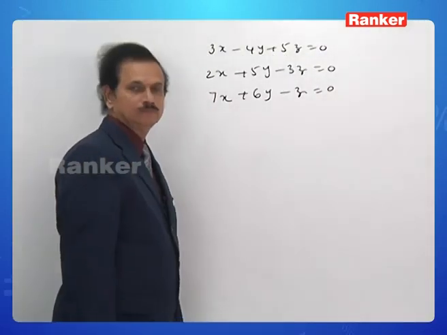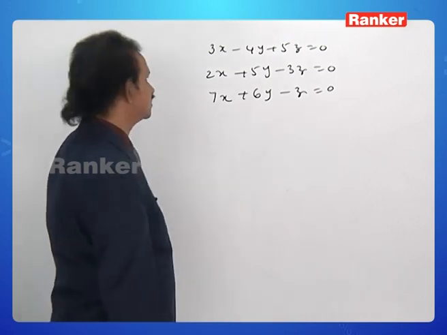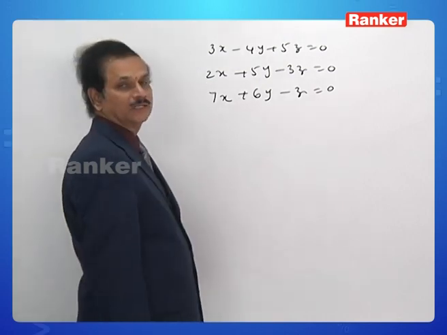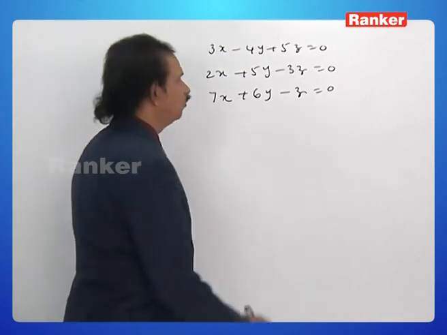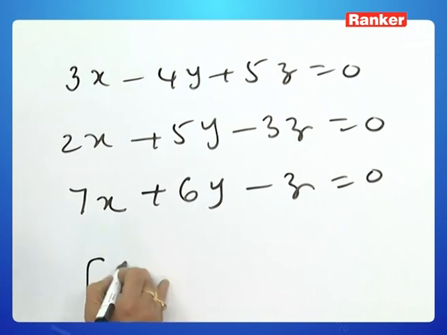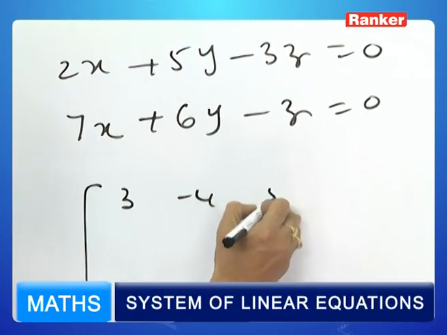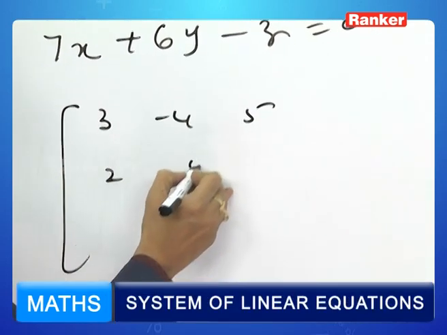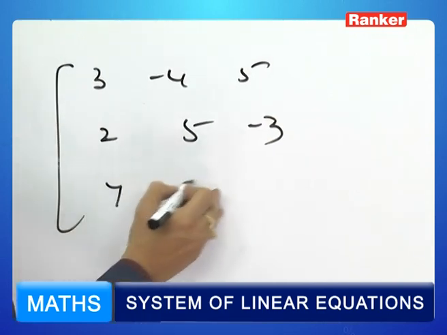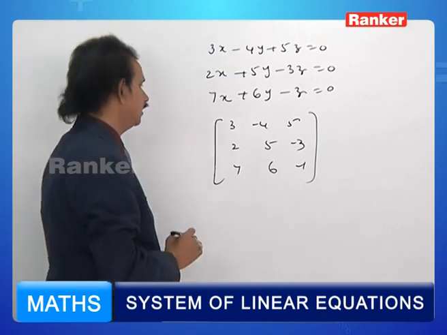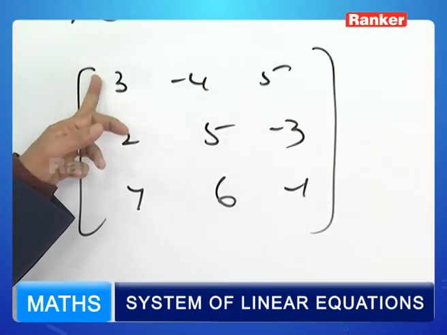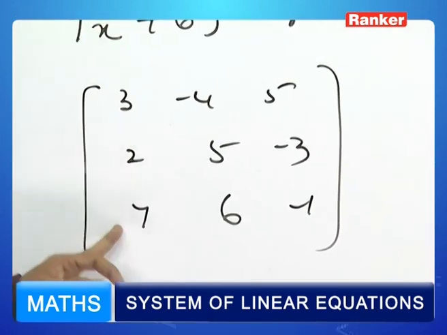What is this system? What is the type of this system? What is A? 3, minus 4, 5, 2, 5, minus 3, 7, 6, minus 1. Okay. If at all there is a 1, we shall feel happy to make these 2 zeros.